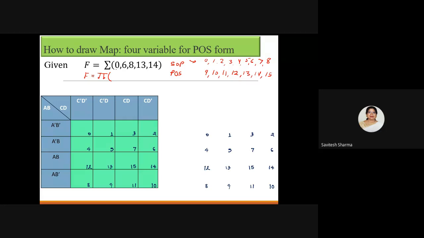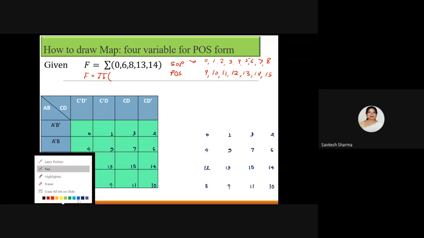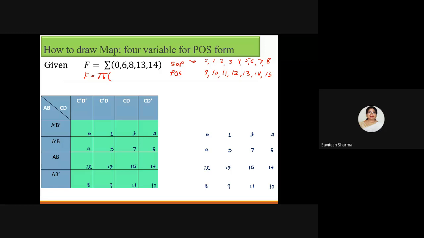In the SOP form, which min terms are mentioned? 0 is mentioned, 6 is mentioned. I want to write the POS form, so I am removing the min terms: 0, 6, 8, 13, 14.